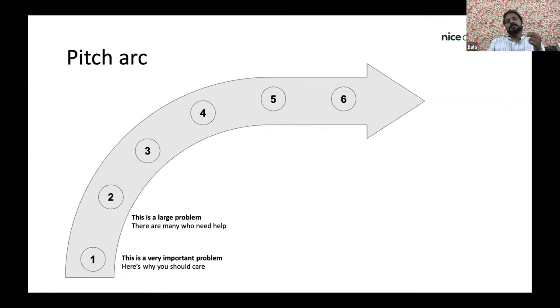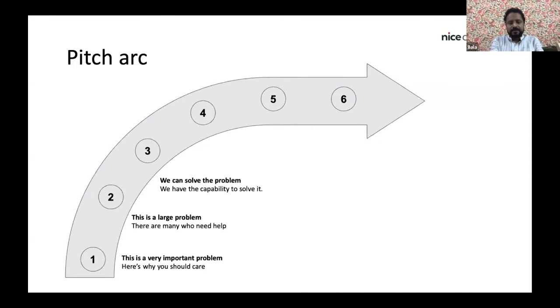So once you establish that this is a very important problem for your target customer to solve, and there is a large enough addressable market for that, then you introduce your solution. So this is where you start to talk about what your product or your solution is, right? What I have seen is that most pitches just skip through steps 1 and 2.